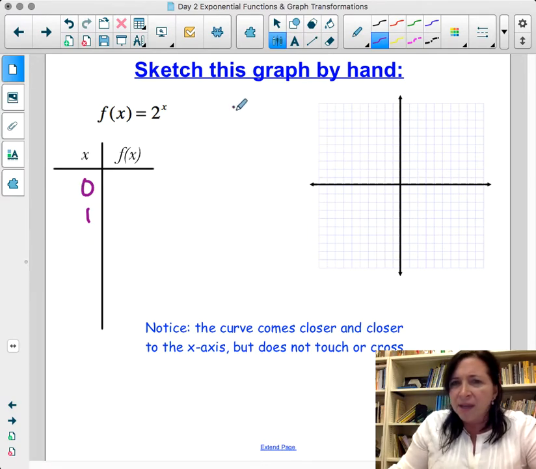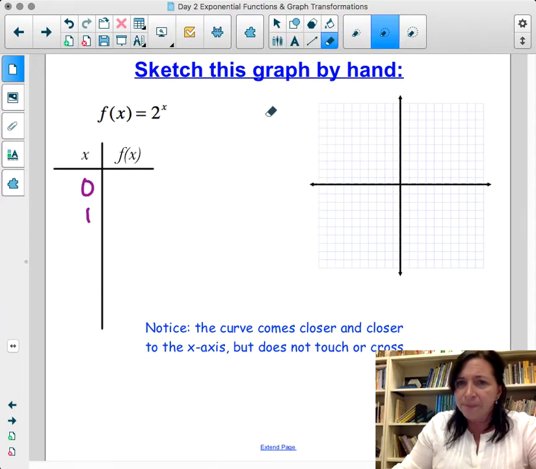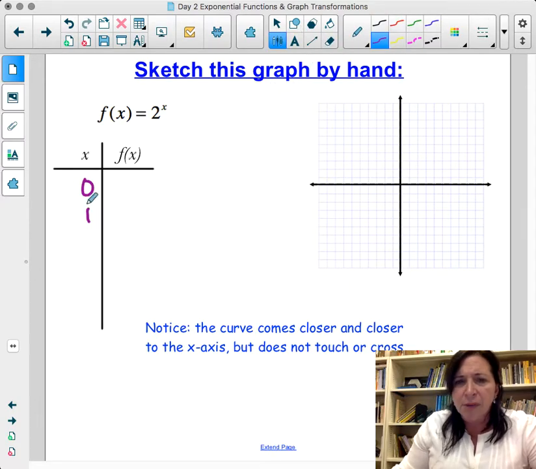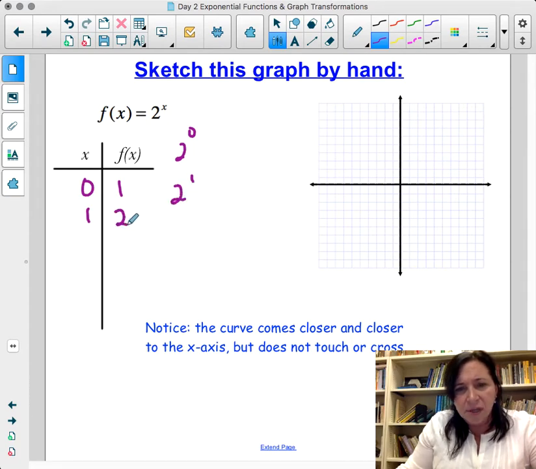If I end up getting something where my y is my exponent, I will plug in those values for y first. So when I plug in 0, I'm going to get 2 to the 0 power, which is 1. When I plug in 1, I'm going to get 2 to the 1 power, which is 2. So just based on those two values, I have (0, 1) and (1, 2).